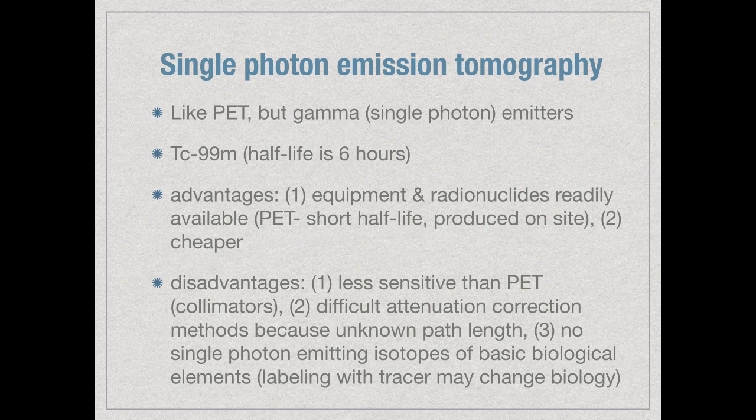Again, its disadvantages: it is less sensitive than PET because of the collimation. There's a difficult attenuation correction because of the unknown path length, and no single photon emitting isotopes of basic biological elements. So labeling with tracer may change biology.